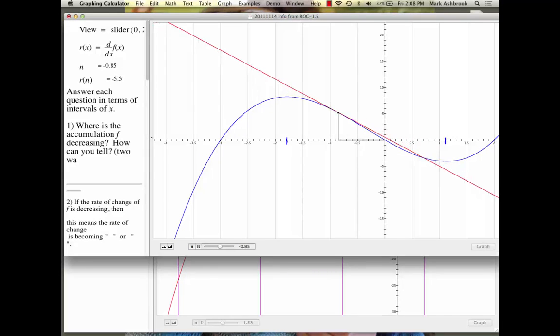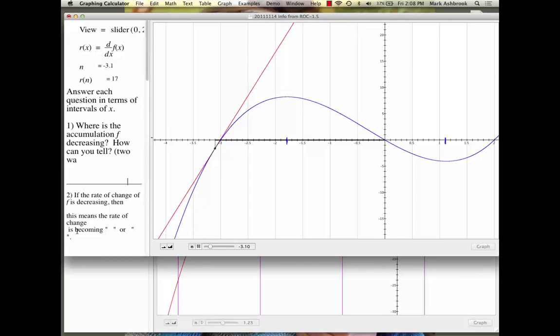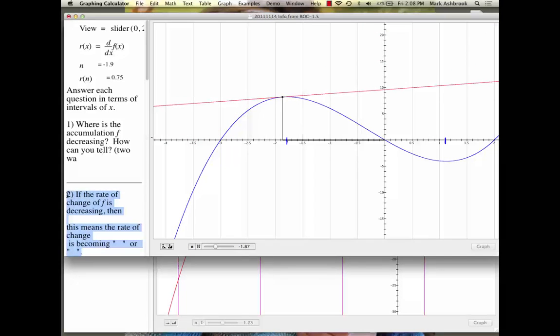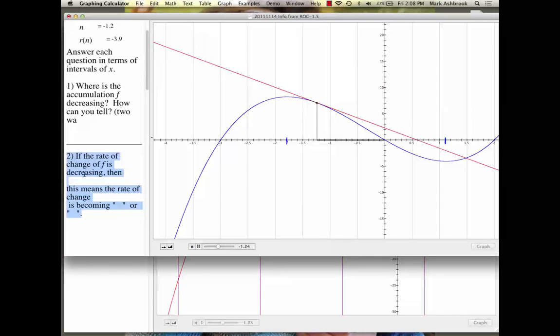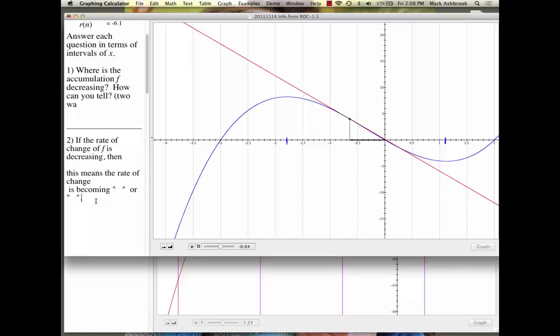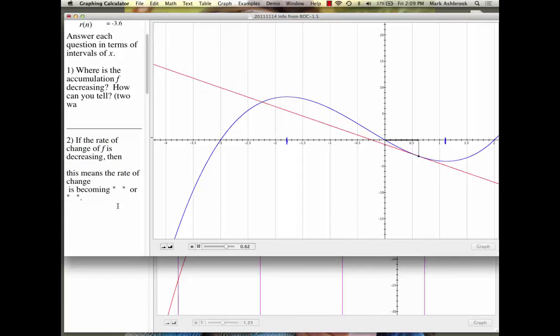Now, we want to talk about the rate of change decreasing. That can mean one of two things. There are two different ways that we talked about earlier in class that the rate of change could be decreasing. What if the rate of change is decreasing?